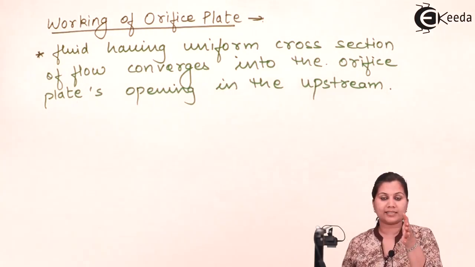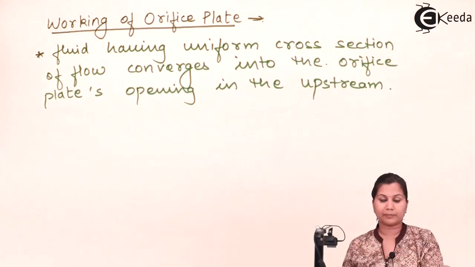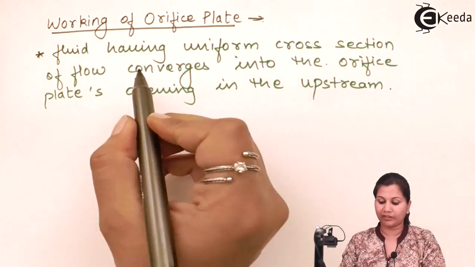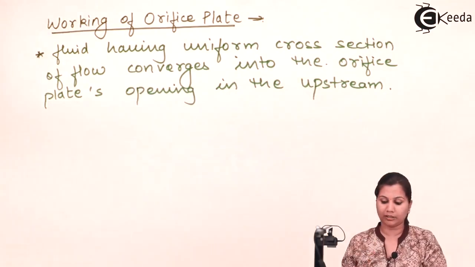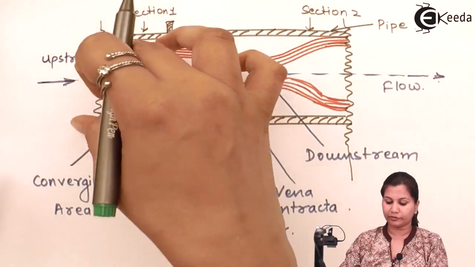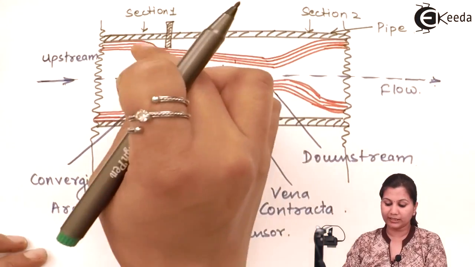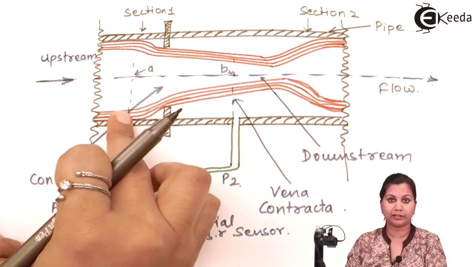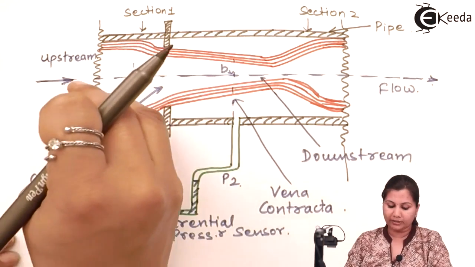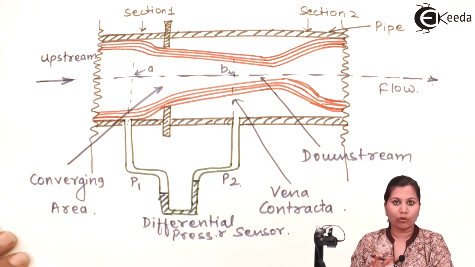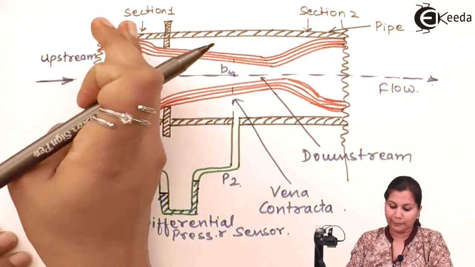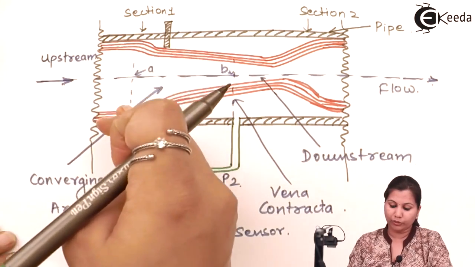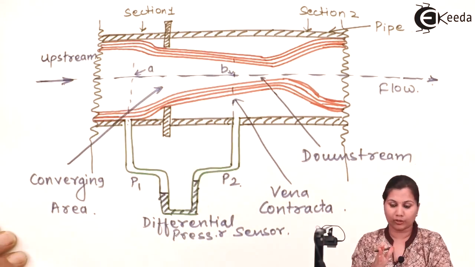Now as soon as it comes in contact with the orifice plate, the orifice plate first has the converging part. Okay, so first the converging area is here. You can see that before this converging area we have a flat part here, to provide the uniform flow of the liquid. So up till this position the fluid has a uniform velocity.